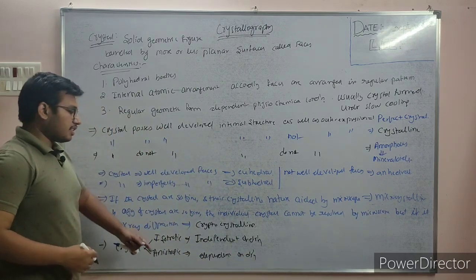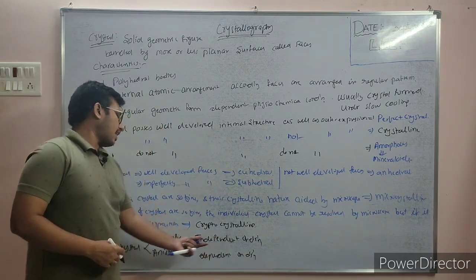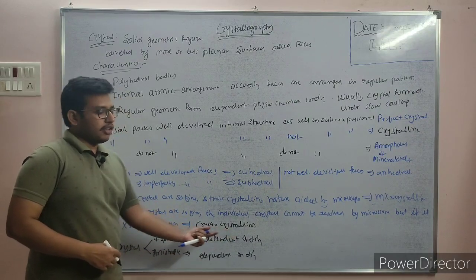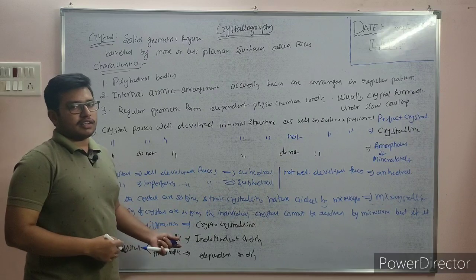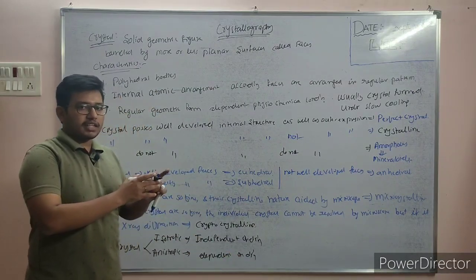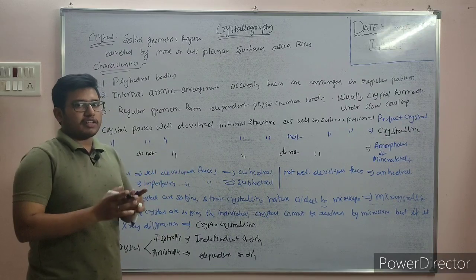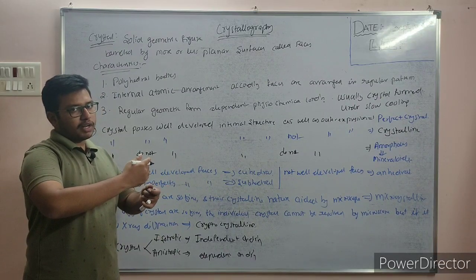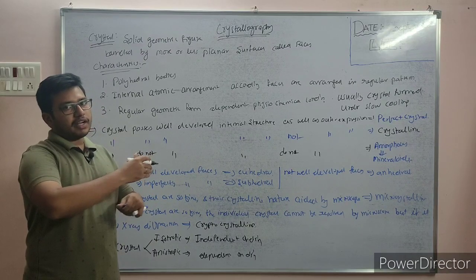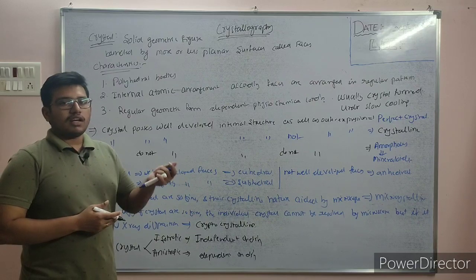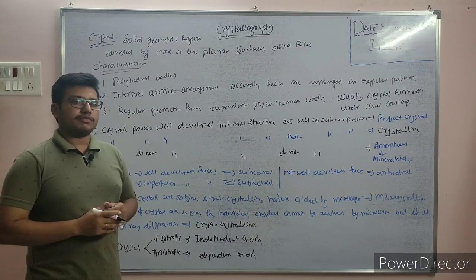If the crystal is dependent on the direction, you can call it an anisotropic crystal. If the crystal does not depend on the direction, you can call it an isotropic crystal. Dependent on direction means in different directions we can see different properties of a crystal. For suppose bonding: if bonding is different in different directions, we get different values of properties like hardness or cleavage. Like this you can observe.